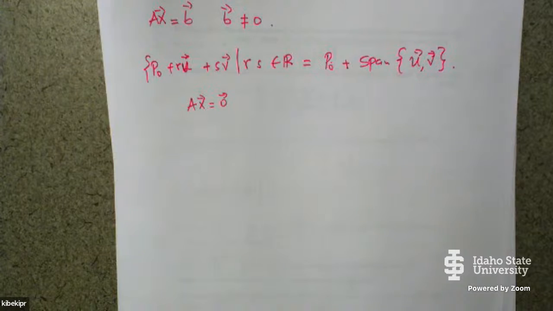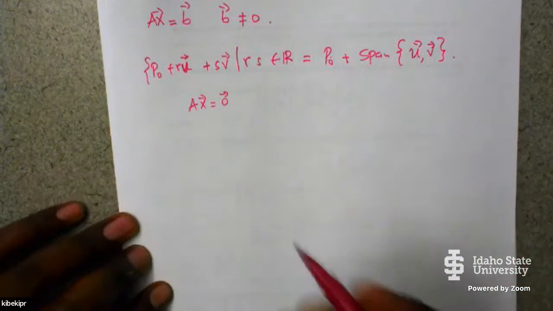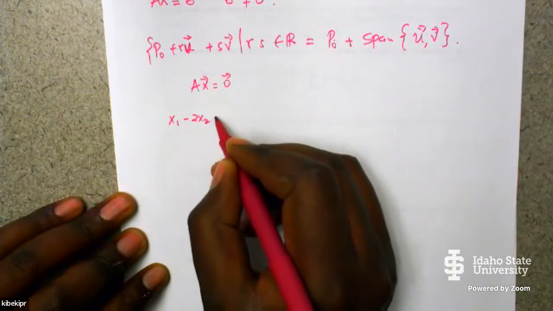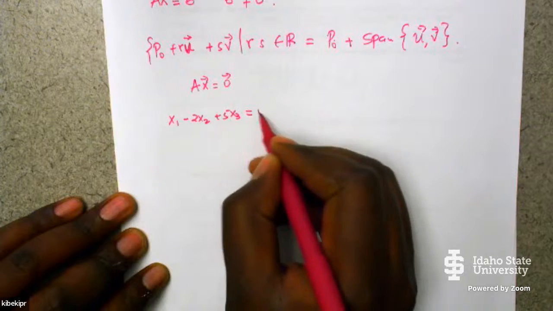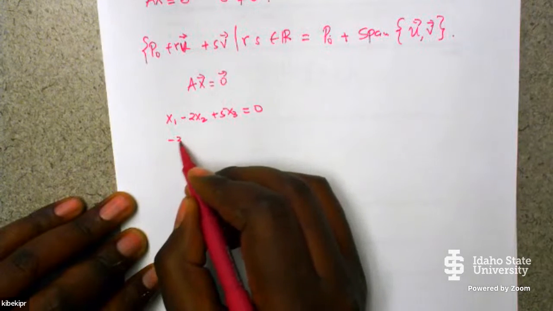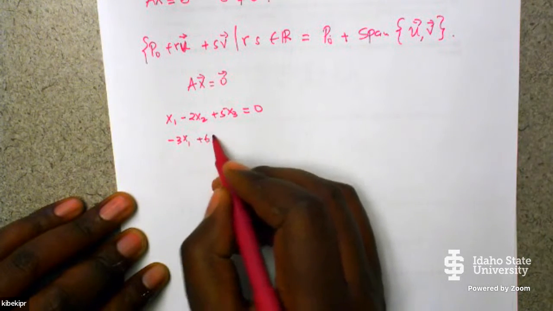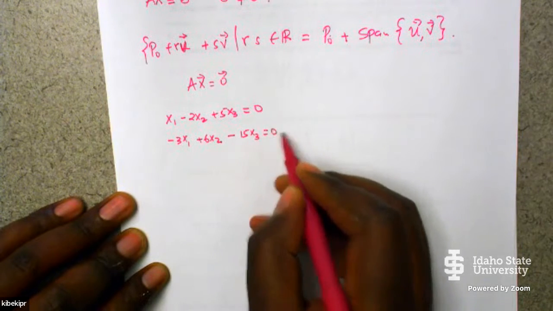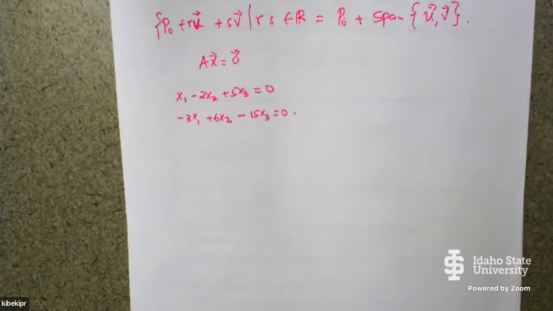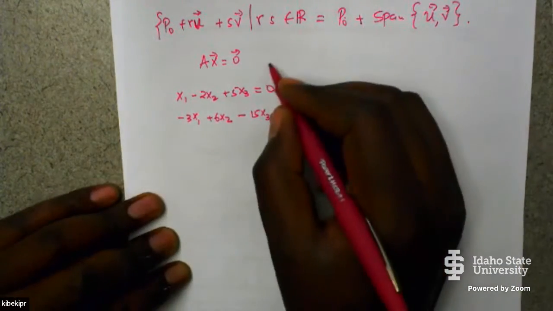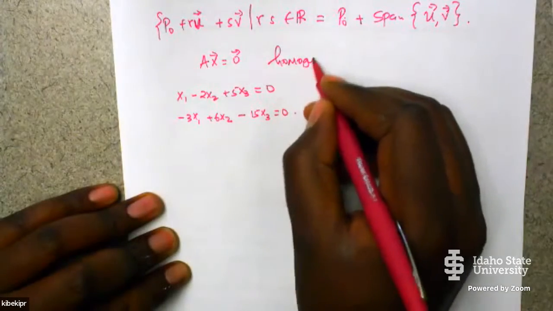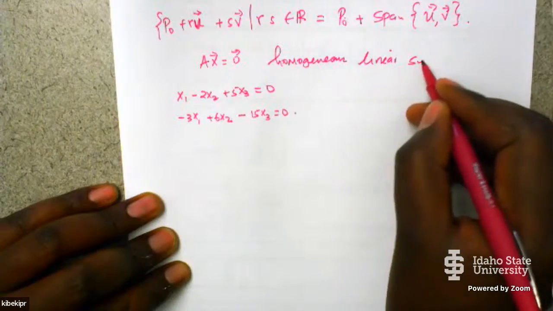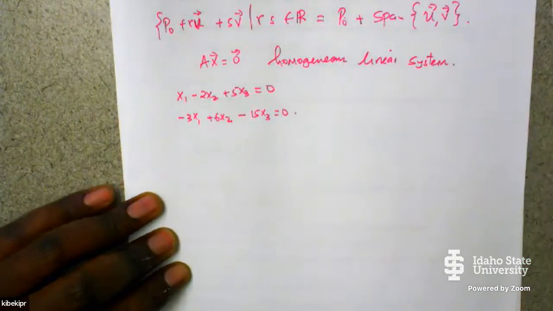So what we need to solve, like the example that we did, is x1 minus 2x2 plus 5x3 equals 0, and minus 3x1 plus 6x2 minus 15x3 also equals 0. So this is for the homogeneous linear system.